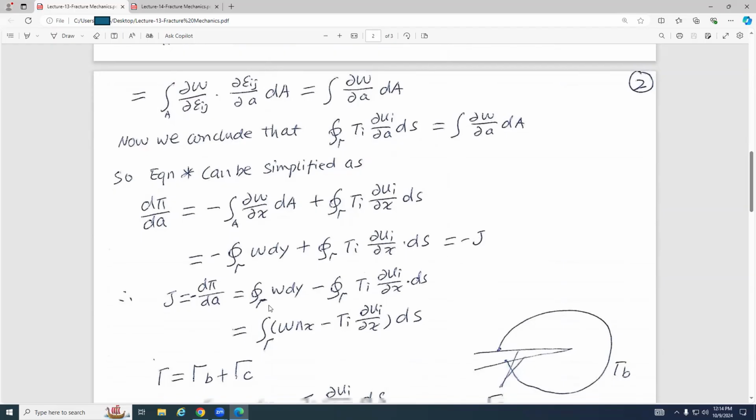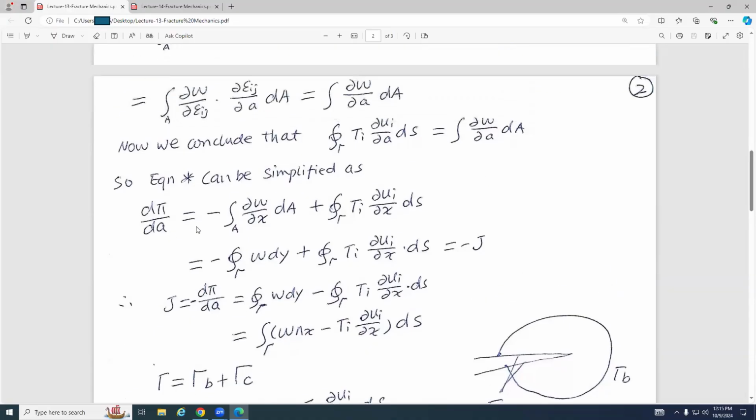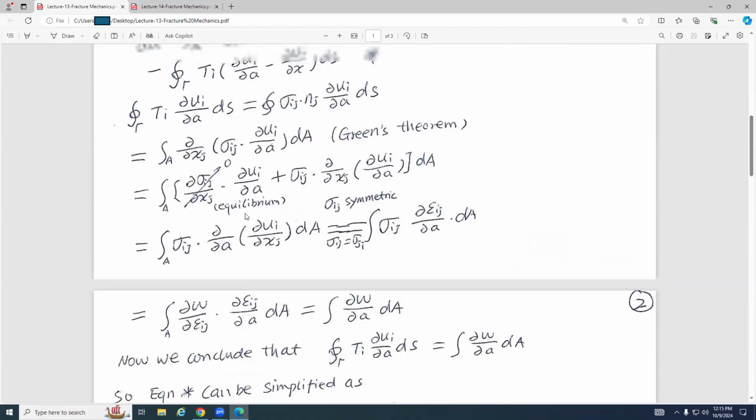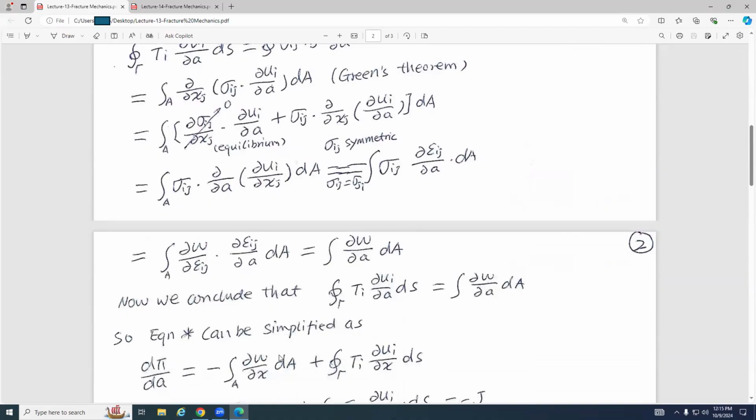And we will use this equation in the following lectures, and I'm going to show you, for any given problem, how to use this equation to get the J integral. You understand this? Last time maybe you were confused about why we do this kind of thing. The reason is that we want to simplify this equation star from 4 terms to 2 terms.